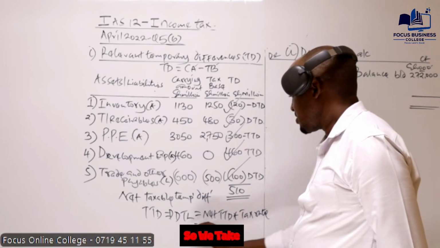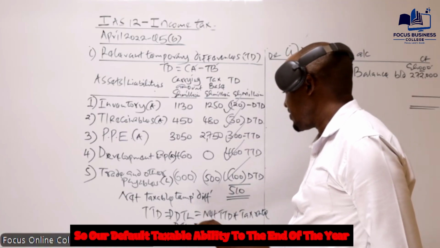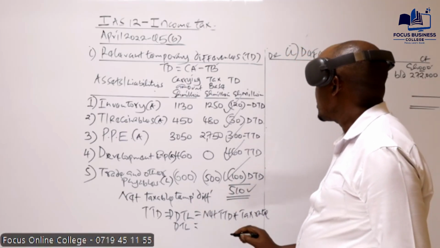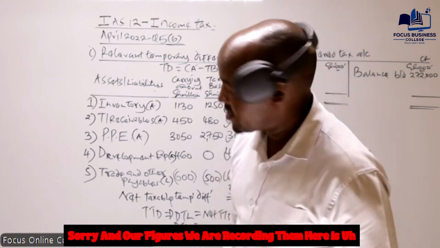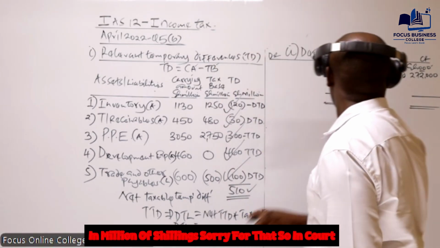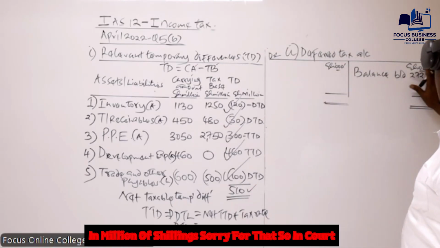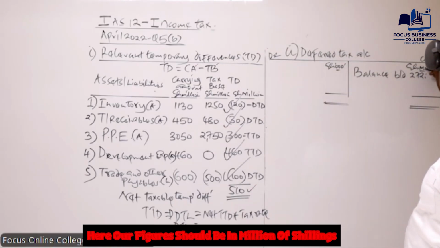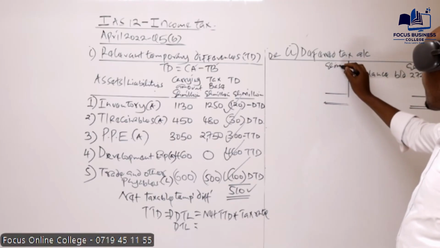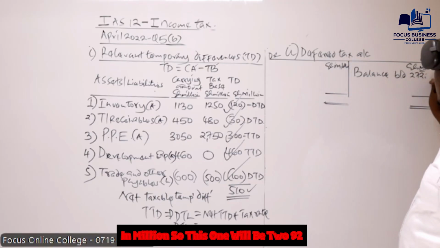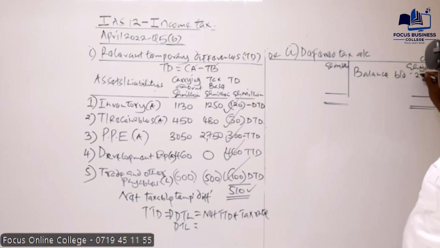Sorry, our figures here should be in millions of shillings, not in thousands of shillings. So this one would be 292.